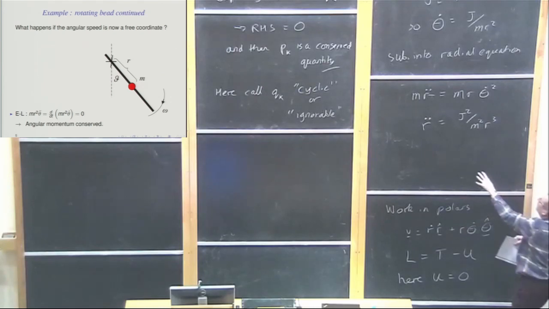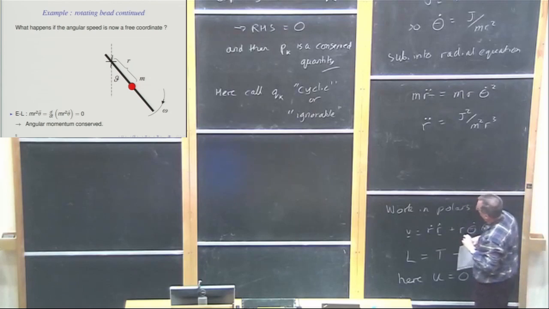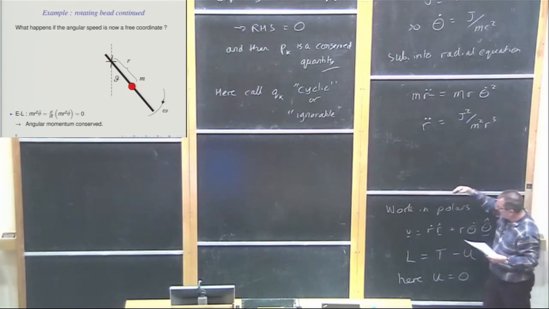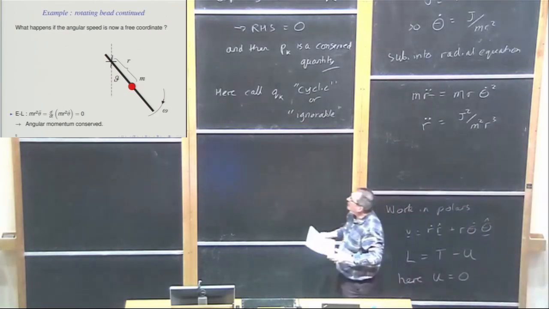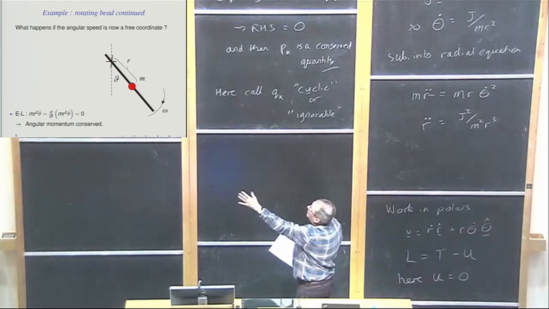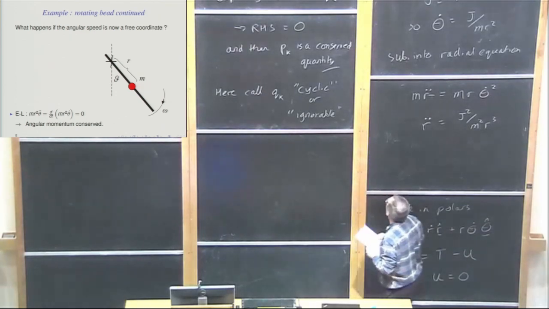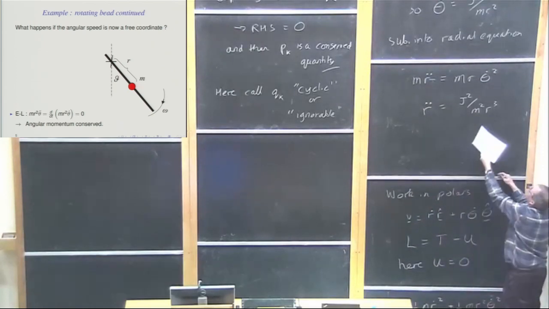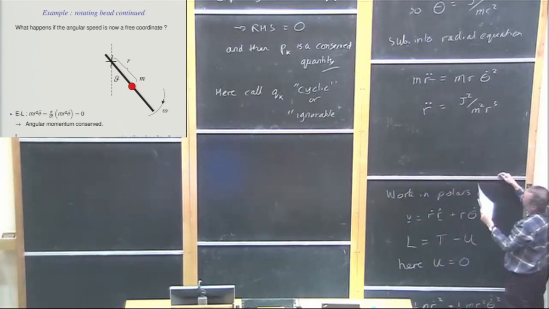So this equation of motion is rather different to the one we had when θ̇ was a constant. In that case, the bead was just radially shooting off the wire. So here you see that it's damped by this 1 over r³ thing.